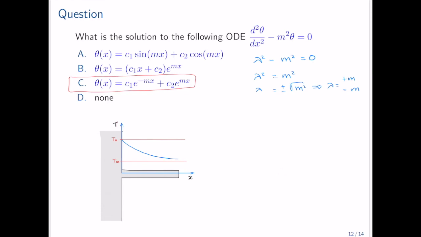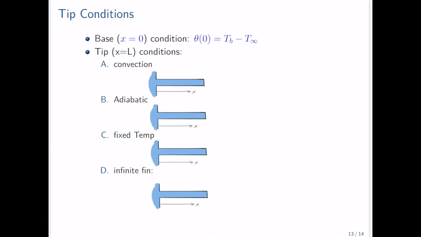So we need to work out the different possibilities for the conditions at the tip. We know that the temperature at the base is equal to T_b, and we can have different approximations for the conditions at the tip. Again, we are going to look at the boundary conditions.